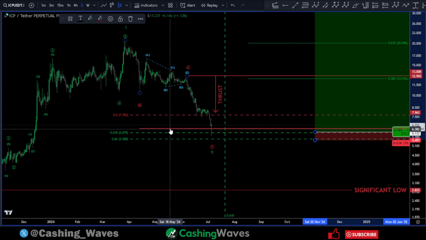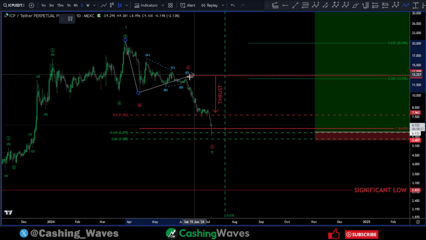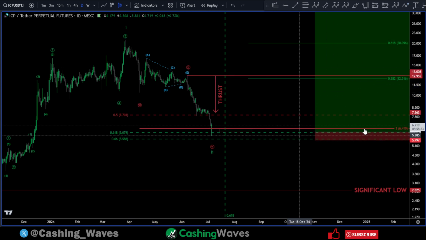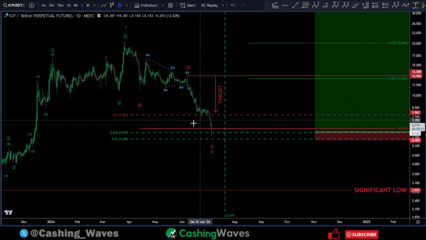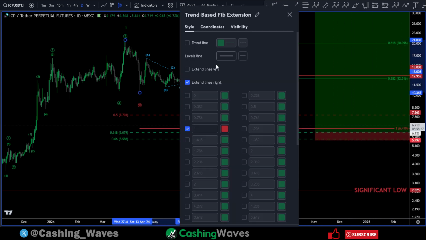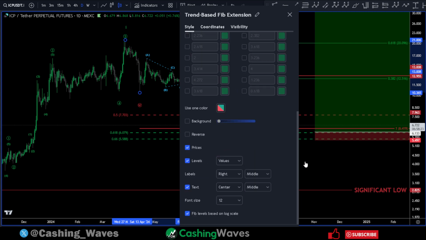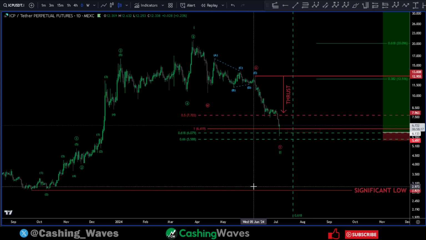Reason being is I saw this triangle, the target of it from our W wave off our X, the 1-to-1 for our Y, is right there at $641.9. That's this red line right here. That was the ideal target where Y equals W. And then I saw the 618, very close.